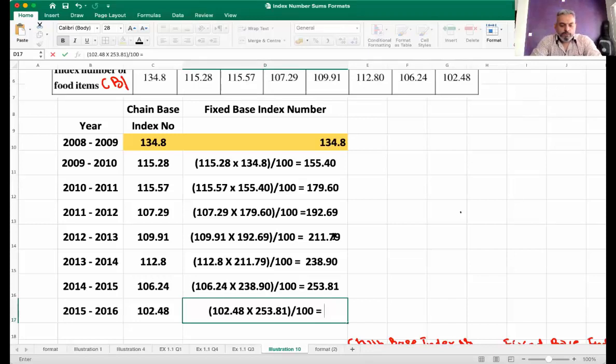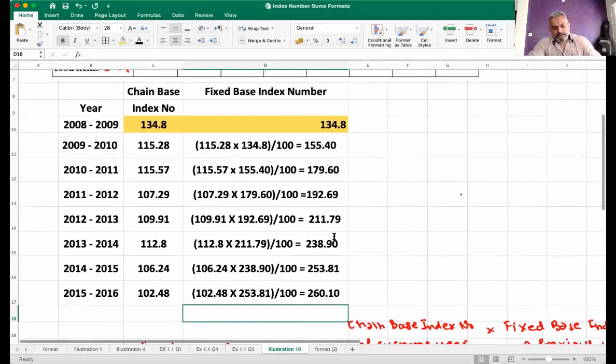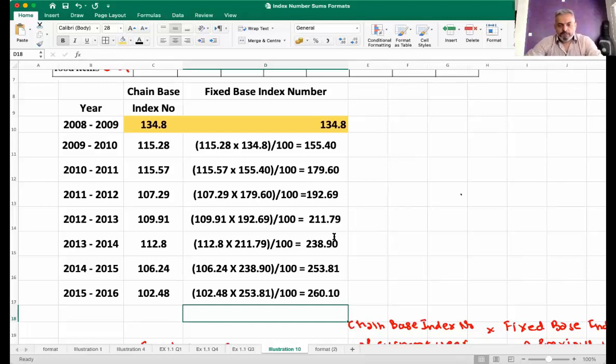So 260.10. So this is how we get the various fixed base index numbers.